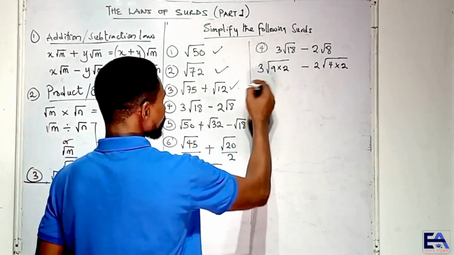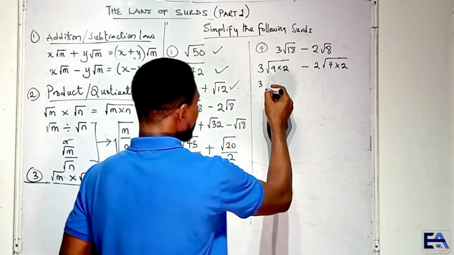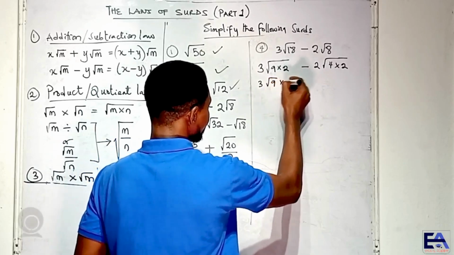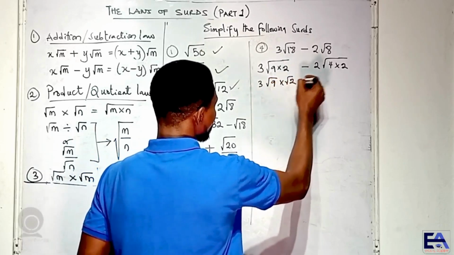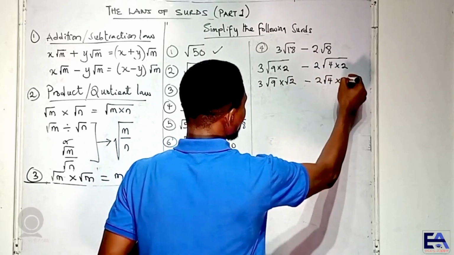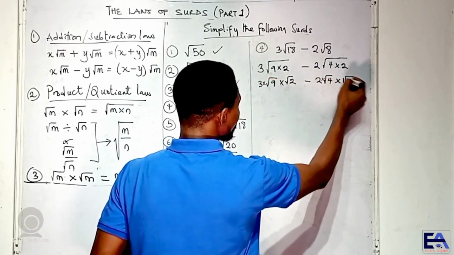All right, so we have 3 root 9 times root 2 minus 2 root 4 times root 2. Let's assume you're breaking it down like that too.